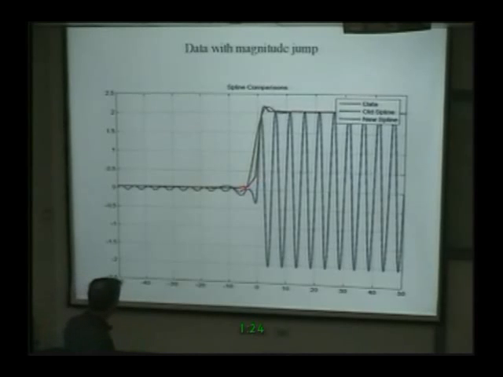In this case, if we have the data, we have the old spline, which just connects all the maxima. Here, the maximum actually goes down and goes up, overshoots and comes up. So the extrema is not very good.